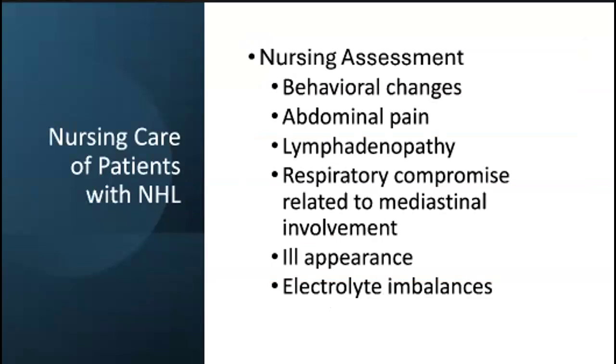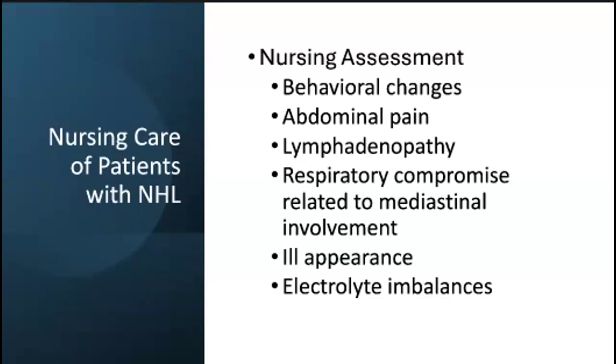Overall focus: identify symptoms early, prevent and recognize tumor lysis syndrome, and manage treatment and side effects. Nursing assessments are for behavioral change, abdominal pain, lymphadenopathy, respiratory compromise, ill appearance, and electrolyte imbalance, including increased uric acid, potassium, and phosphorus, and reduced calcium.